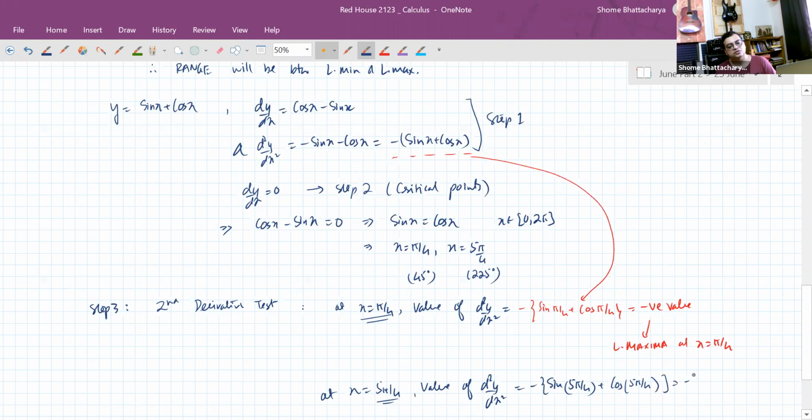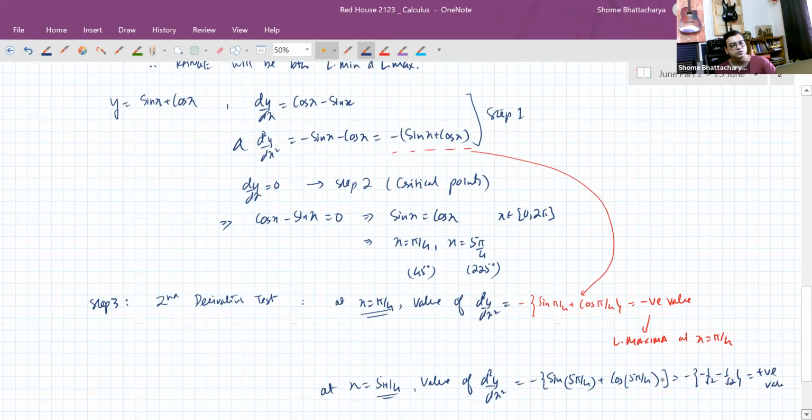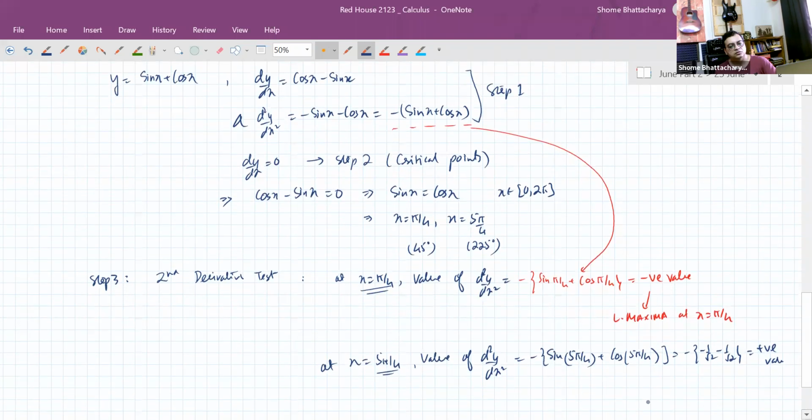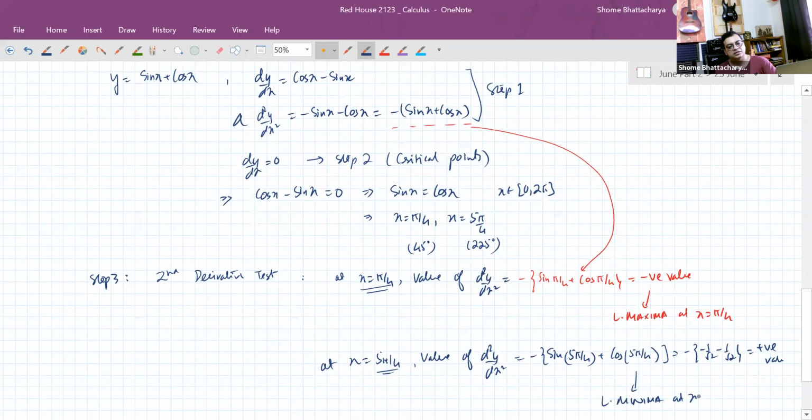So that is minus of minus 1 by root 2 minus 1 by root 2. So it's a positive value. So that is now showing us that there is a local minima at x equal to 5 pi by 4. Okay. So we have established now where the local maxima is, where the local minima is. Now we'll find the local maxima and minima values.